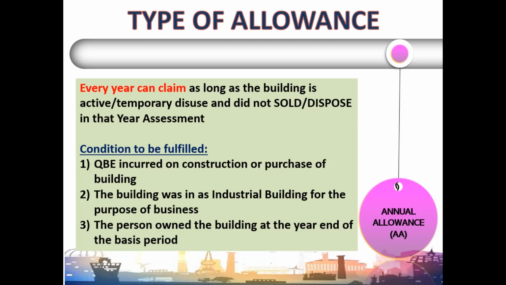Number 2, the building was used as an industrial building for the purpose of business. Number 3, the person owned the building at the year end of the basis period.